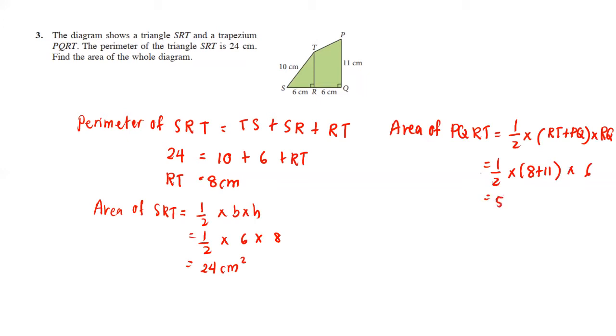So this will give us the area of PQRT at 57 cm square. So since we know the area of SRT and the area of PQRT, we can find the total area, which is a sum of 24 and 57. So that will give us 81 cm square.